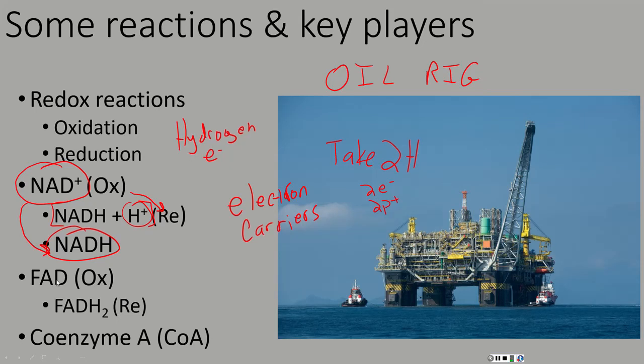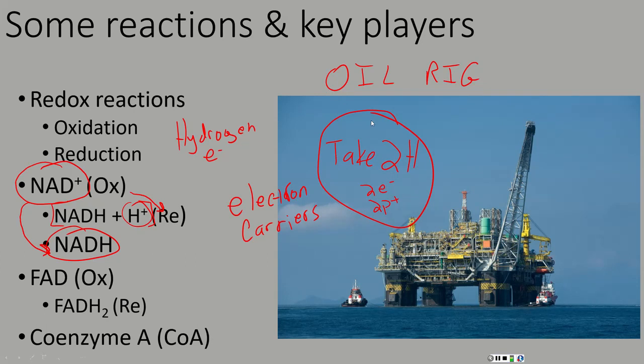FAD is a little more straightforward. FAD is the oxidized form. He is not carrying any electrons. This is the empty pickup truck. He comes along to a molecule and he does the exact same thing that NAD+ does. He's going to take 2 hydrogens. And he takes both 2 electrons and 2 protons.